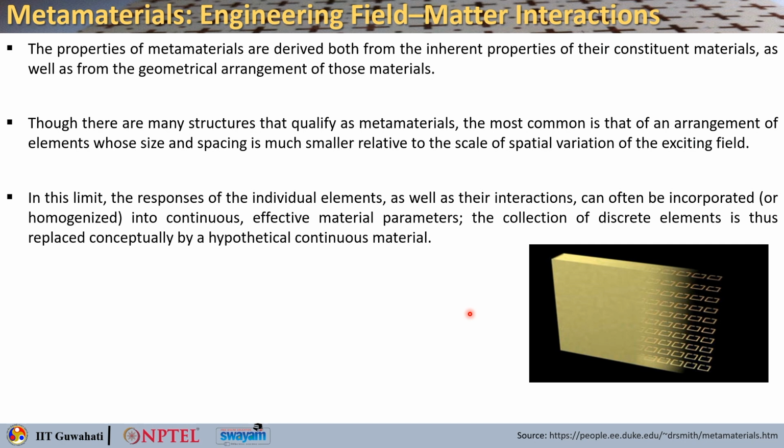So, metamaterials provide basically a path to multi-scale design, in that the properties of the metamaterial elements will be first determined and an equivalent hypothetical continuous material will be used for subsequent system designs, right.